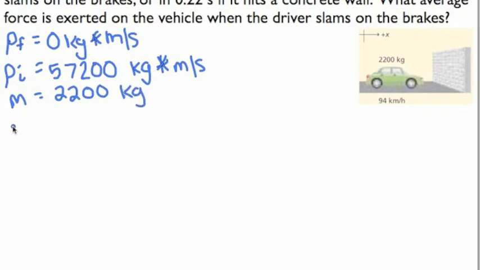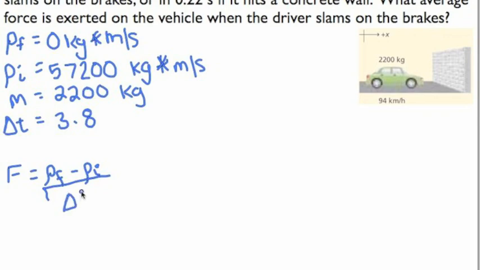And then we have our change in time, which is going to be 3.8 seconds. Okay, we can use the same formula that we found on the last one, where our force is equal to our final momentum minus our initial, divided by our change in t. Okay, we can plug that stuff in.